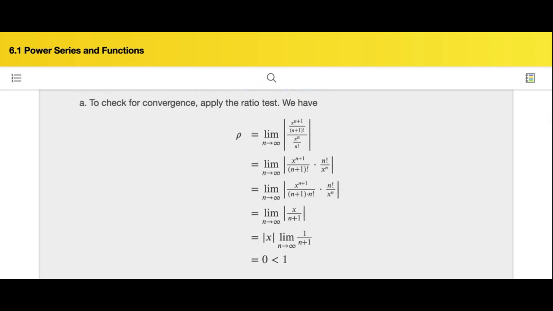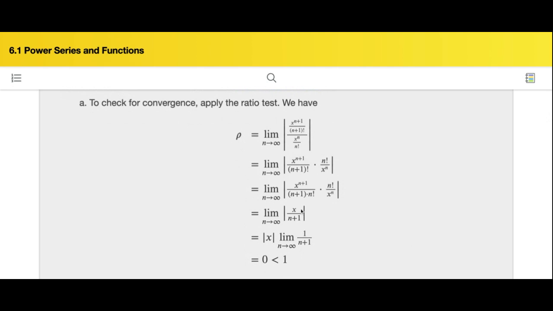So we want to find the interval of convergence or the radius of convergence. With A, we can take a ratio test. The ratio test is to take the limit, let n approach infinity, of the absolute value of the ratio, where the numerator is the n plus 1 term and the denominator is the n term.